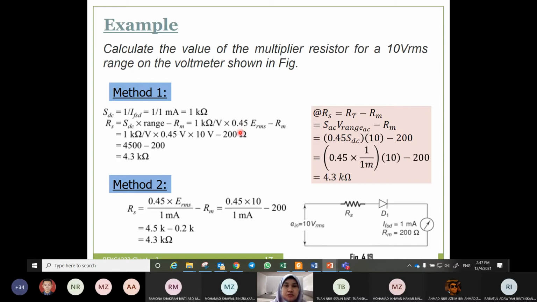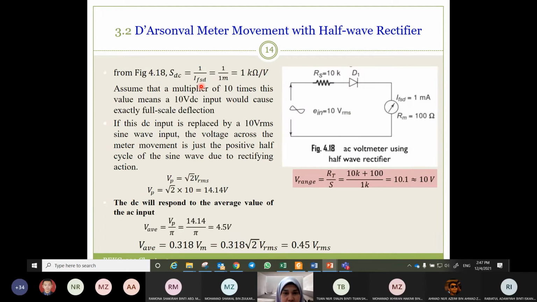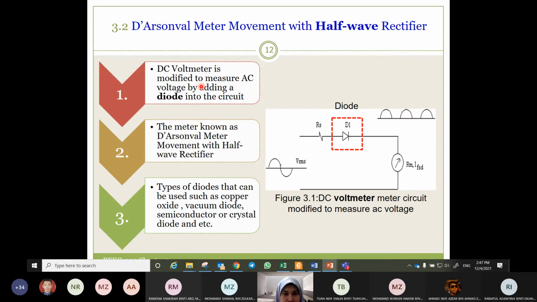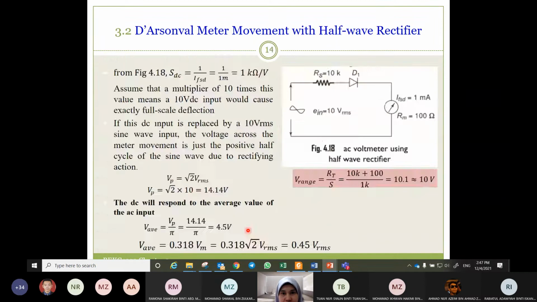Okay, so VDC is equal to 0.45 V RMS. Here, 0.45 multiplied with V RMS. V average. V average is same as VDC. Okay. V average is same as VDC.